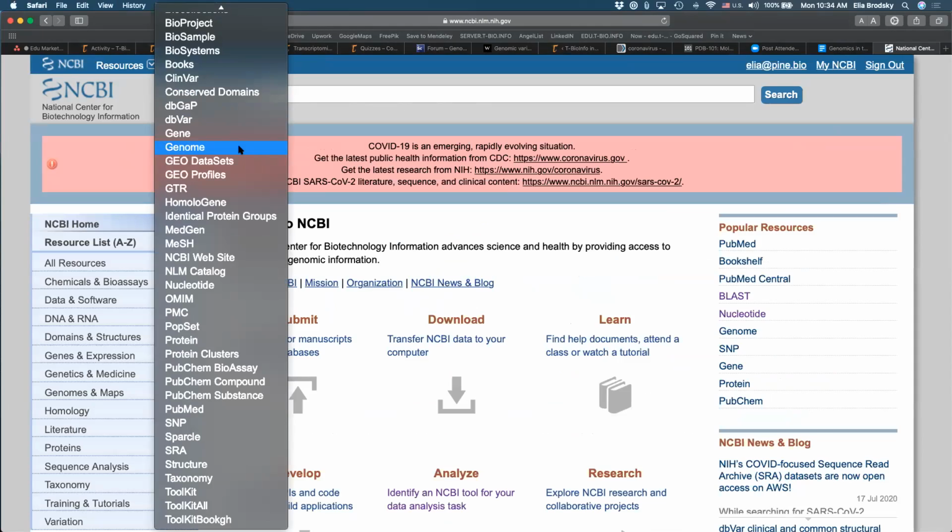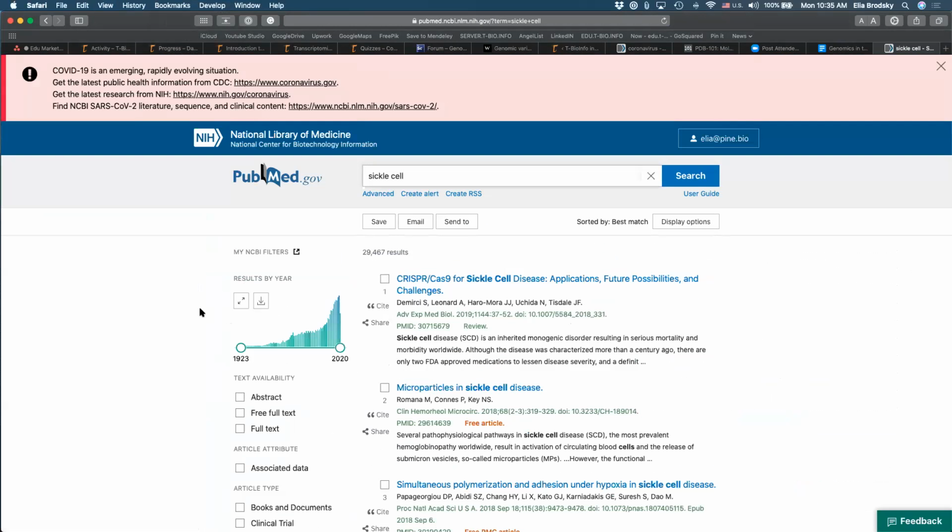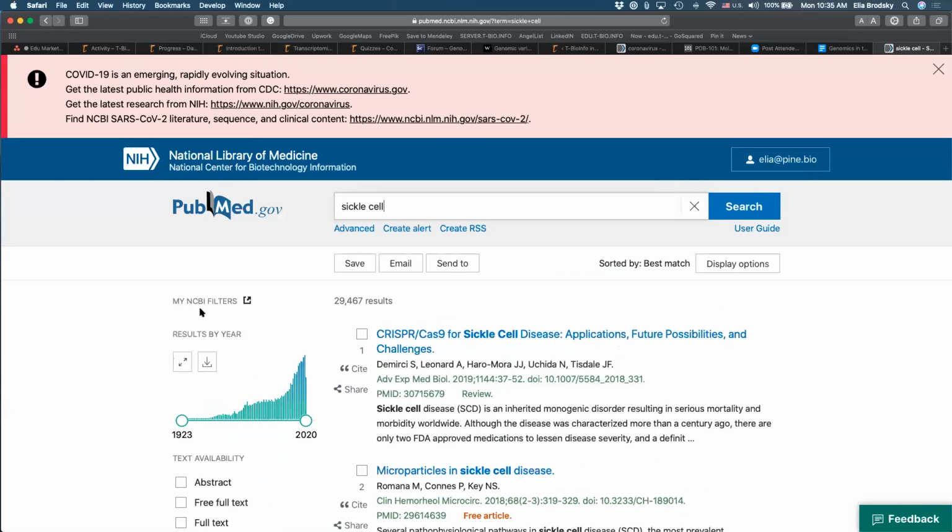There are some alternatives, but you can look here as a great start. And the first one is PubMed, right? So right here, if you select PubMed, you can search for, let's say, sickle cell. Okay, and this is what you see.